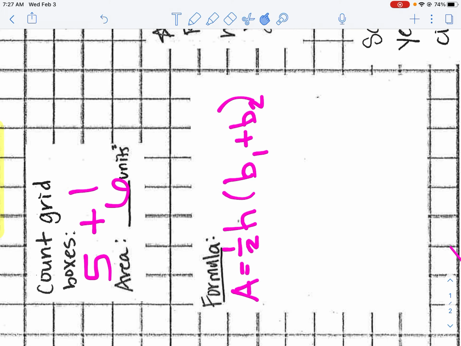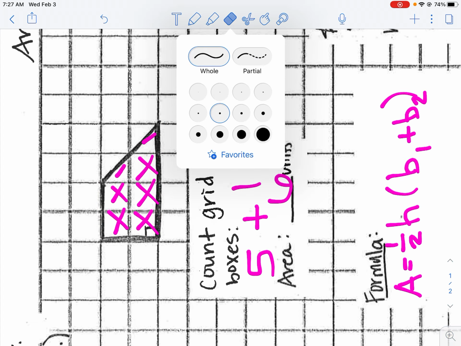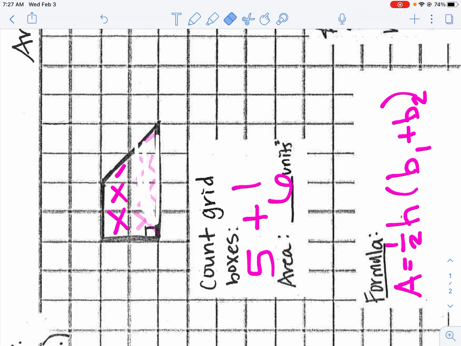Okay, so let's go back up here and talk about what the height and the bases would be. All right, so when you're looking at a trapezoid, the two bases are going to be those two sides that are parallel to each other.